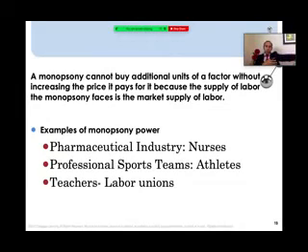But since we're looking at the athletes, I would say MLS still falls under this category, because MLS is known for having a cap on the salary that they pay their athletes, and they also have an extra cap on the maximum they can pay the superstar athletes. So Major League Soccer falls under this particular category of monopsony power.